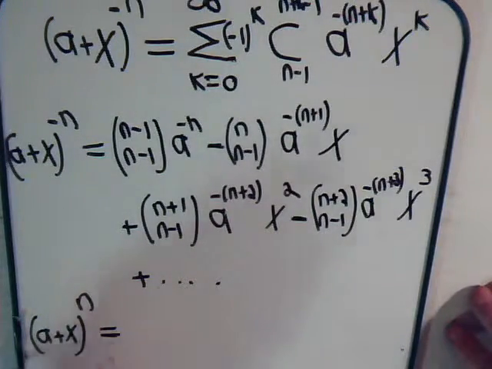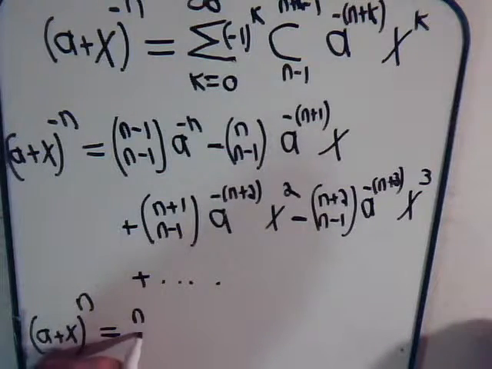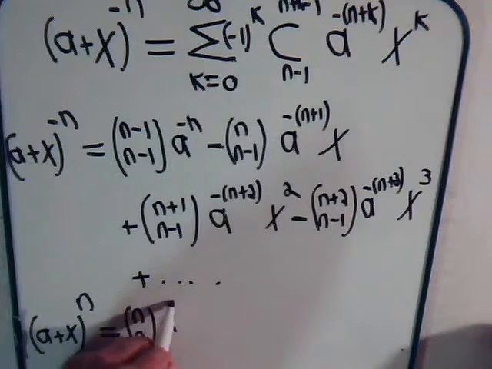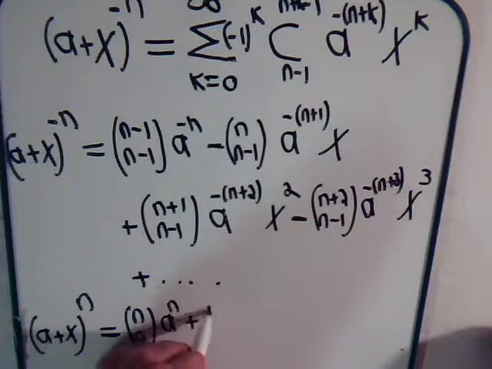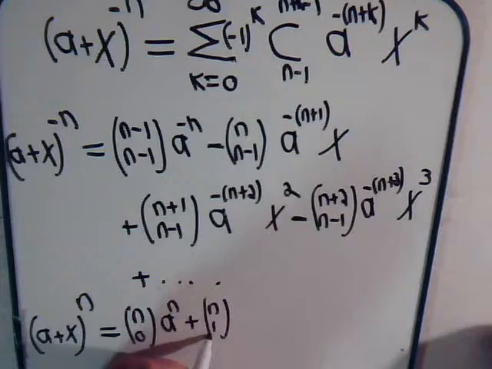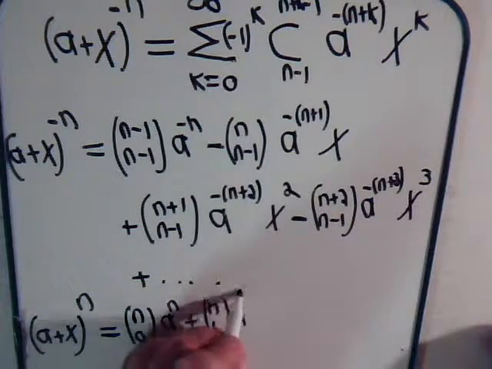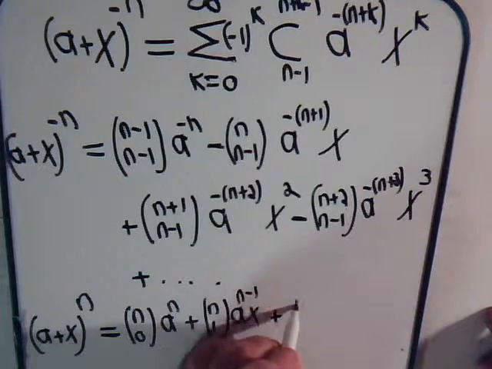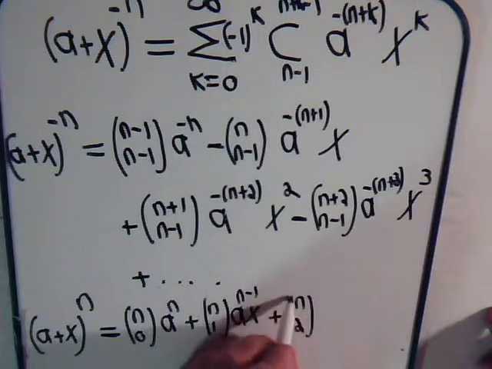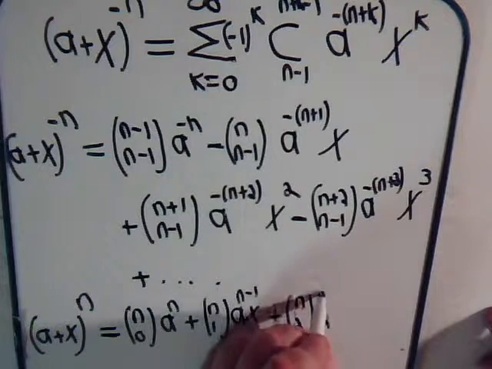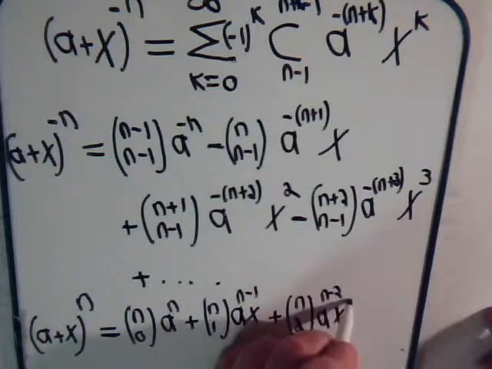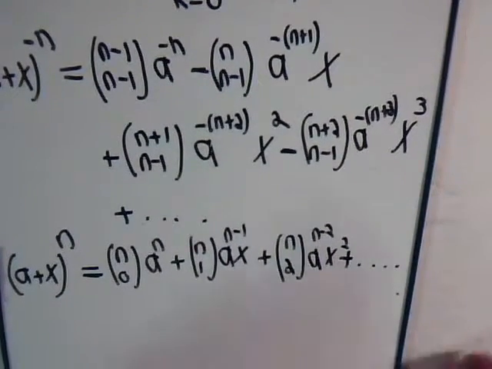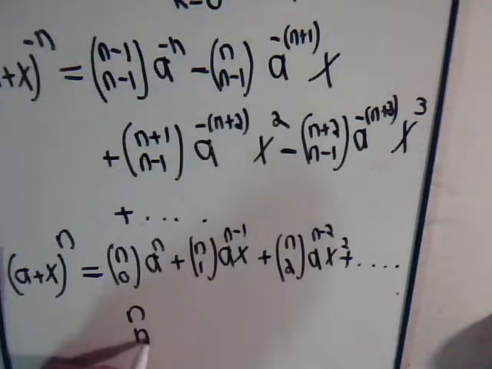Then, writing it out, we have the first term, this binomial coefficient, a to the n, plus this binomial coefficient, plus this binomial coefficient, and it keeps going like this until it's a finite series.